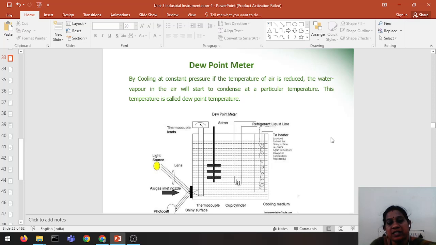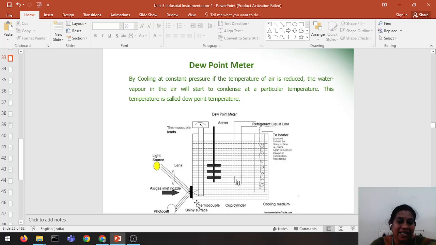I think you could see in the diagram. The diagram represents the main parts of a dew point meter. The one is you have a shiny surface or a mirror which is fixed with a thermocouple. Next, you have a nozzle which is providing a jet of air on the mirror.